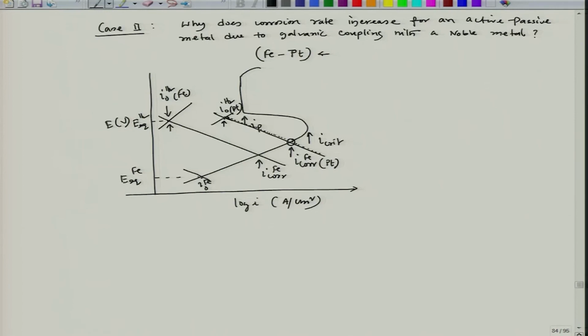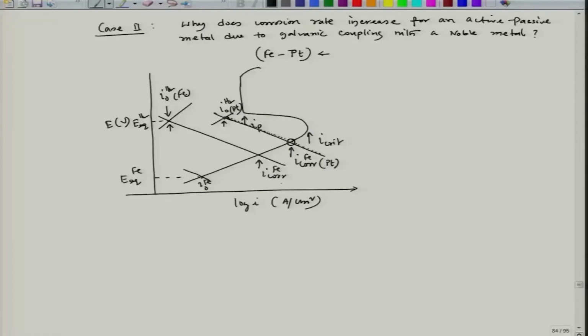Now, even in spite of the active-passive possibility of that iron, because of the position of E equilibrium of the hydrogen evolution reaction and at the same time I0 of the hydrogen evolution reaction on platinum and iron surfaces, the cathodic polarization line is cutting the iron activation line in the active zone. So, that is why the corrosion rate is hiked, or increasing.